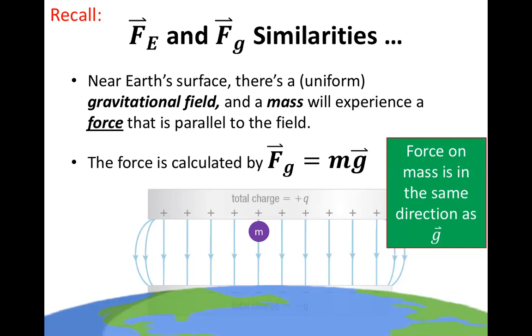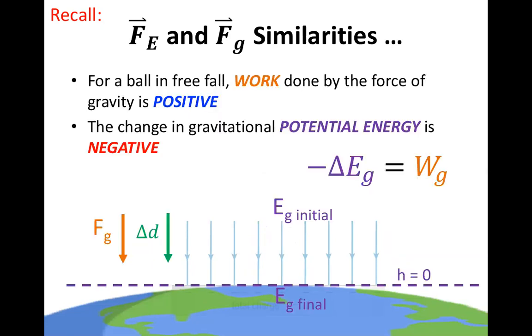And the downwards force is in the same direction as the gravitational field strength vector g, which is down towards the center of the Earth. The gravitational field vector is pointing down, and objects with mass want to fall down and accelerate in this direction. So the force on objects with mass is down because gravitational field strength is down.